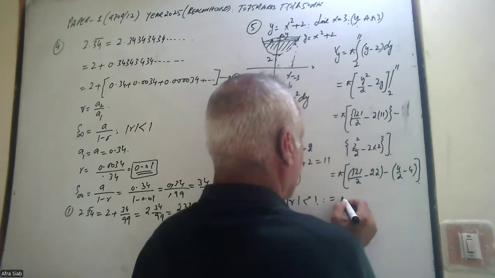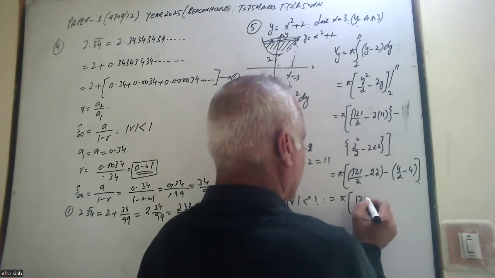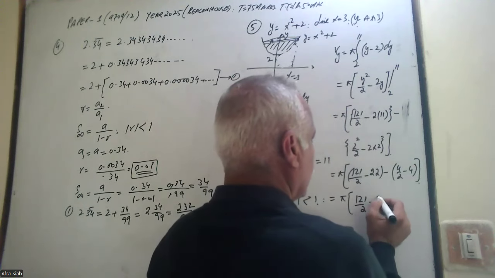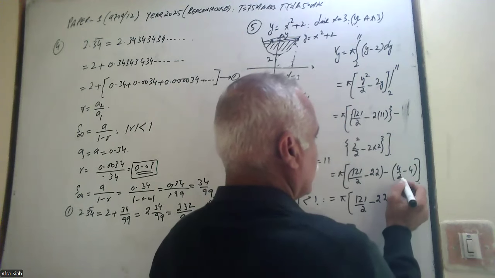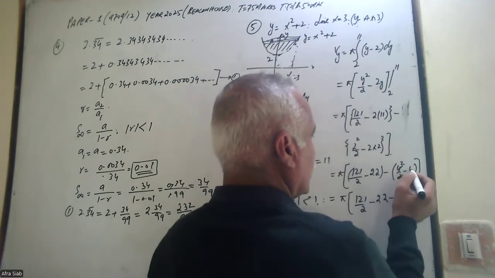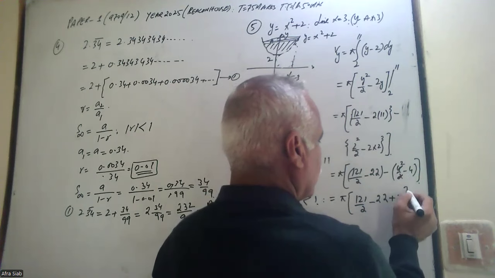This will be equal to pi into 121 over 2 minus 22. 2 minus 4 is minus 2, and this is plus 2.